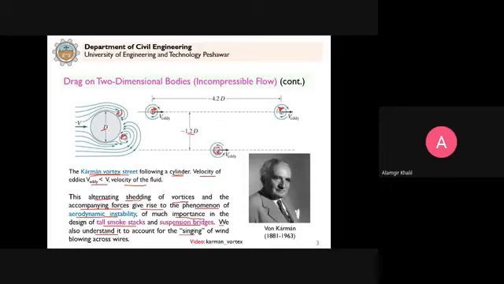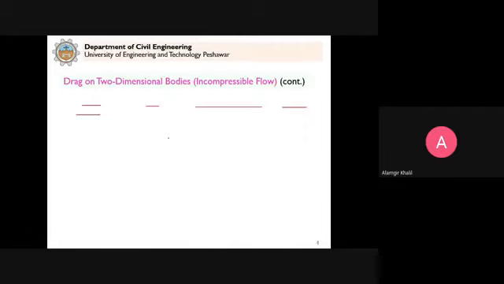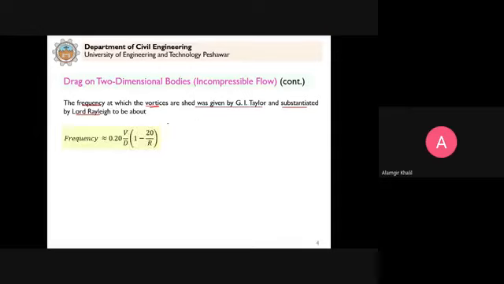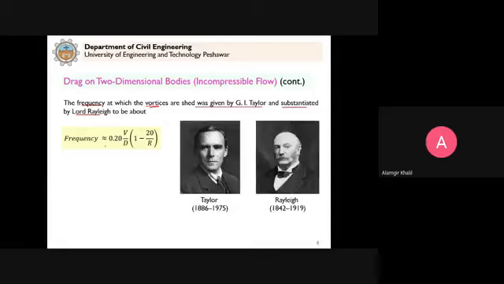And this is very important, as we civil engineers are concerned with this, because you see tall smokestacks and suspension bridges. The frequency will be equal to 0.2 times V by D, velocity by diameter, times (1 minus 20 by R), where R is the Reynolds number. So we know all the parameters.